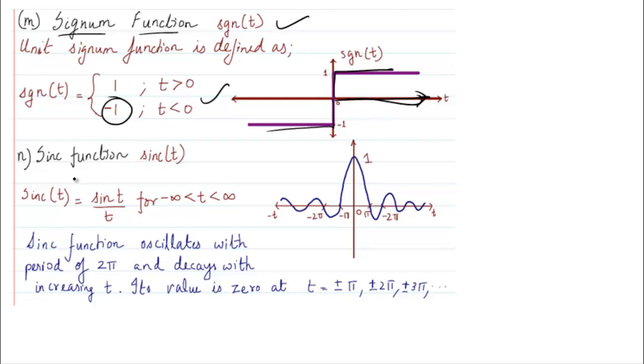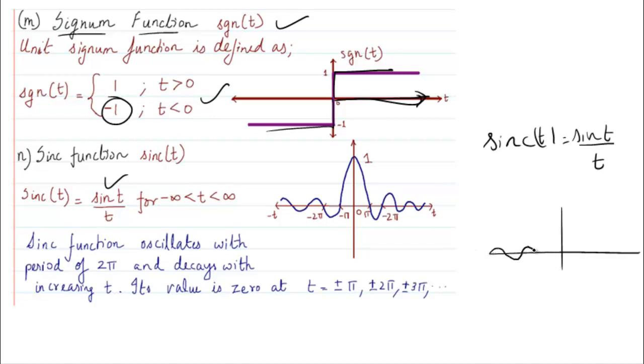Next, we are going to look at the sinc function. A sinc function's basic equation is this. You should always remember sinc of t is basically sine t divided by t. Okay, this is sinc t. Based on that, if you try to draw the signal, you will get this shape. This is a very famous shape.